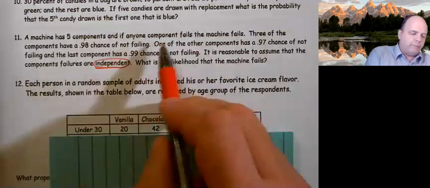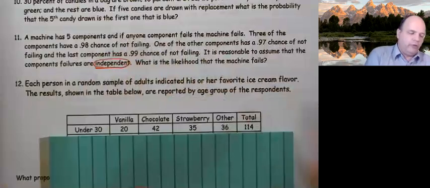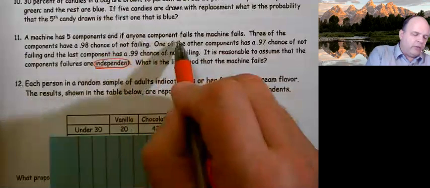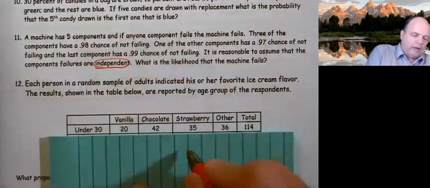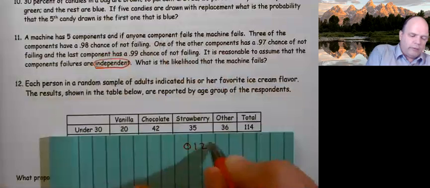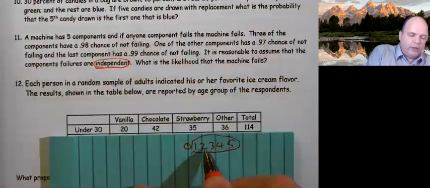So first off, everything we're given was not fails. And it also says if any one component fails. So we have 5 components. We could have 0 fail, 1 fail, 2 fail, 3, 4, or 5. If this fails, it fails, this fails, it fails.